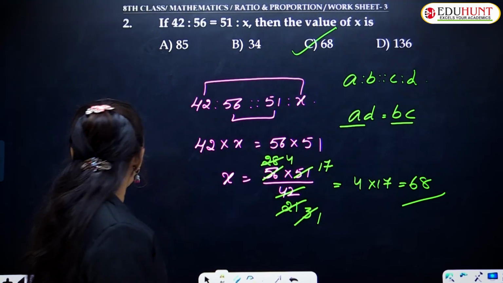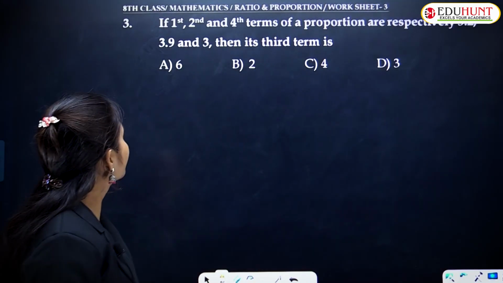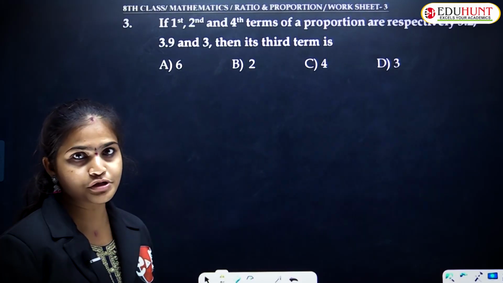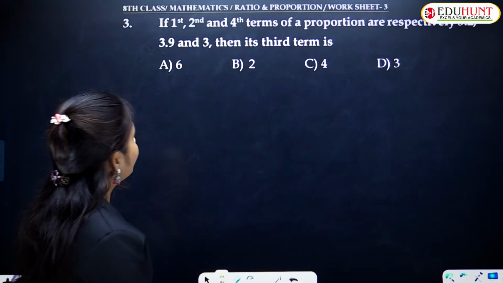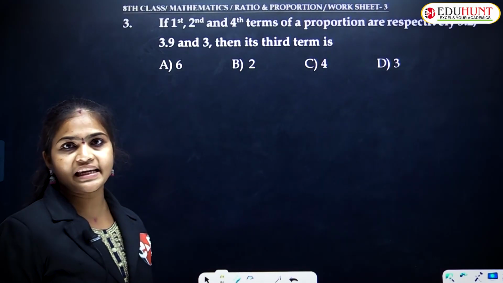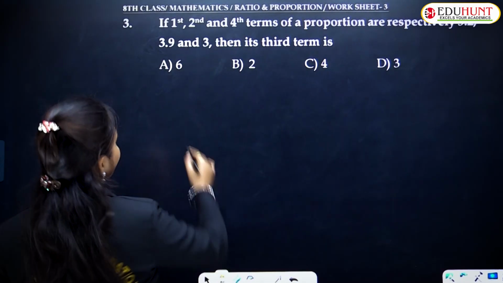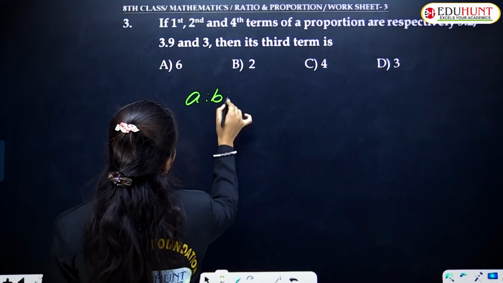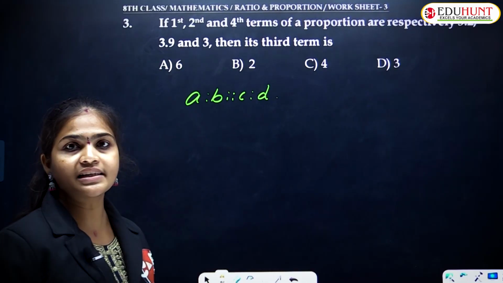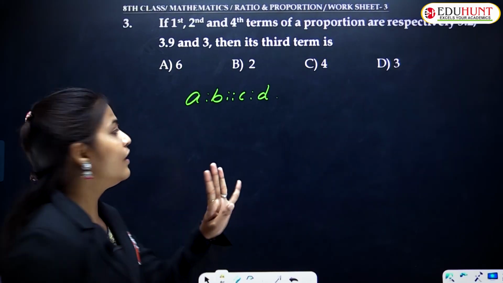Understand? So let us see the next question, third question. Yes, first, second and fourth terms of a proportion are respectively 5, 2, they are given, and we know that proportion means here A is to B, as C is to D, right? So here how many terms are there? 4 terms are there. What are those?